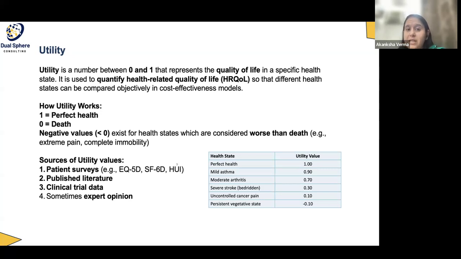In severe stroke patients who are bedridden, the utility value is 0.3. A patient with uncontrolled cancer pain has a utility value of 0.1. In a persistent vegetative state, like when the patient is in a coma, the utility value is minus 0.10. So this is just an example to give you an overview of how utility values look. Okay, next slide please, Rita.